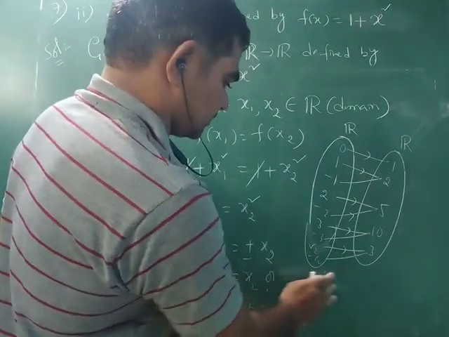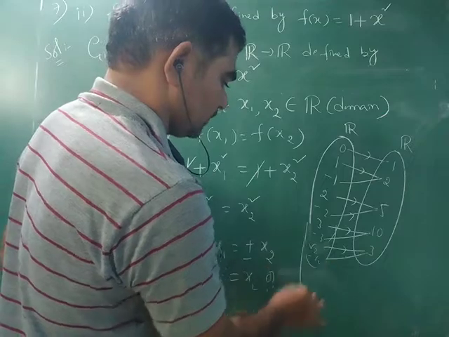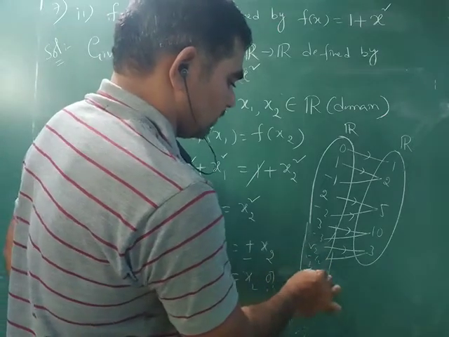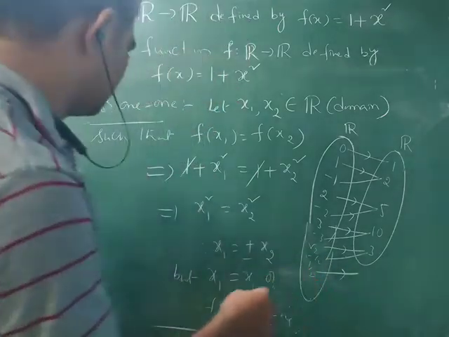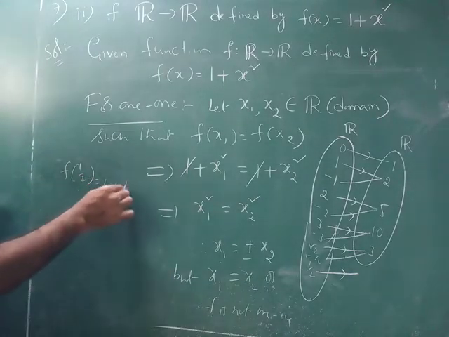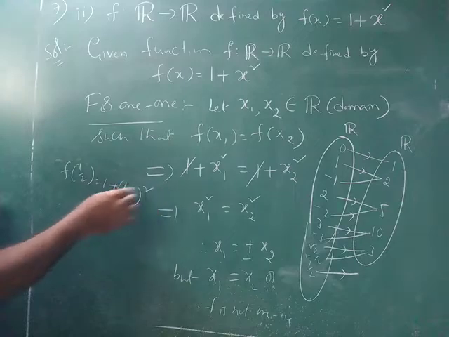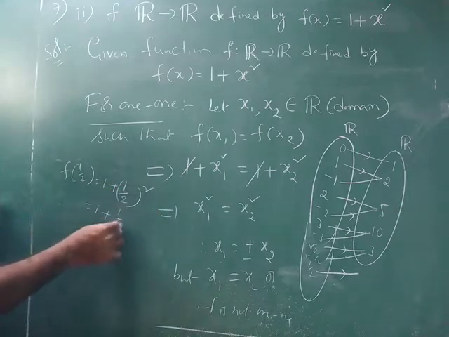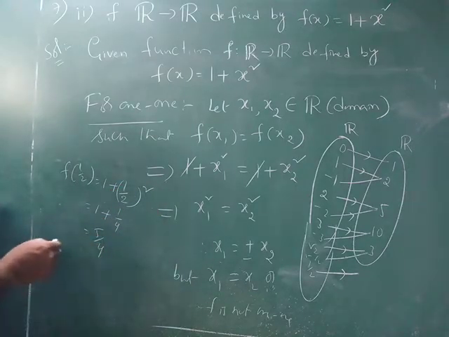Okay. Next. For 1 by 2, what will we get? F of 1 by 2 is 1 plus 1 by 2 whole square, 1 plus 1 by 4, 5 by 4.